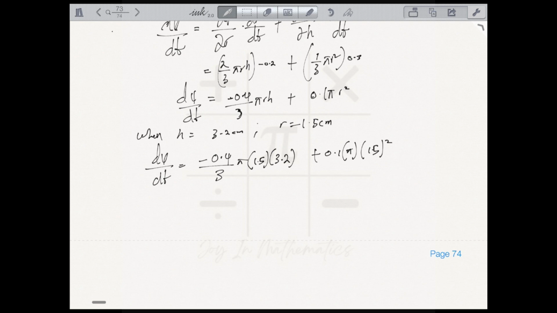Now this will give us a final answer of minus 1.304 centimeter cube per second. Now this means that the volume is decreasing at a rate of 1.304 centimeter cube per second.